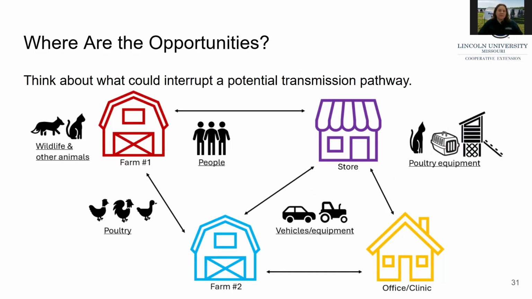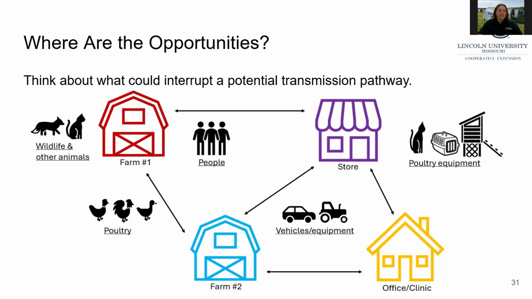And once we've identified a pathway, we can ask a different question. Where are the opportunities to interrupt it? There may be several opportunities along the same potential pathway. We might change what people do. We might change how equipment or other materials are handled. We might separate animals. We might change the order of movement. We might clean or disinfect something before it moves, or we might eliminate a particular movement altogether.